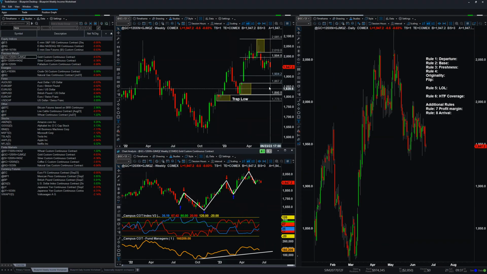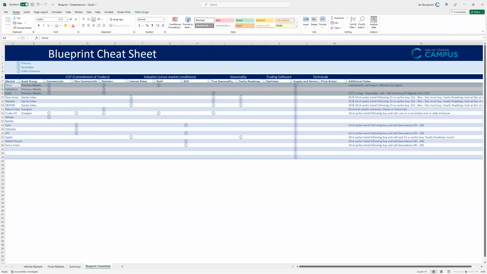And so we want to buy low. And the fundamentals tell us, hey, for now, if we get up higher, look to sell. But if this changes, if the commercials are back up here at the buying area, then of course we want to buy as well. So we always kind of want to do what the commercials are doing here, and what we said here for gold as well, right? COT is king.